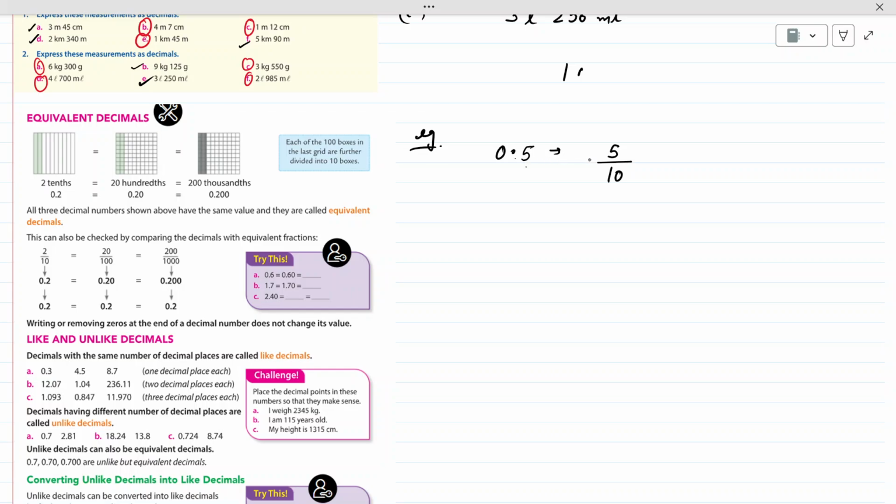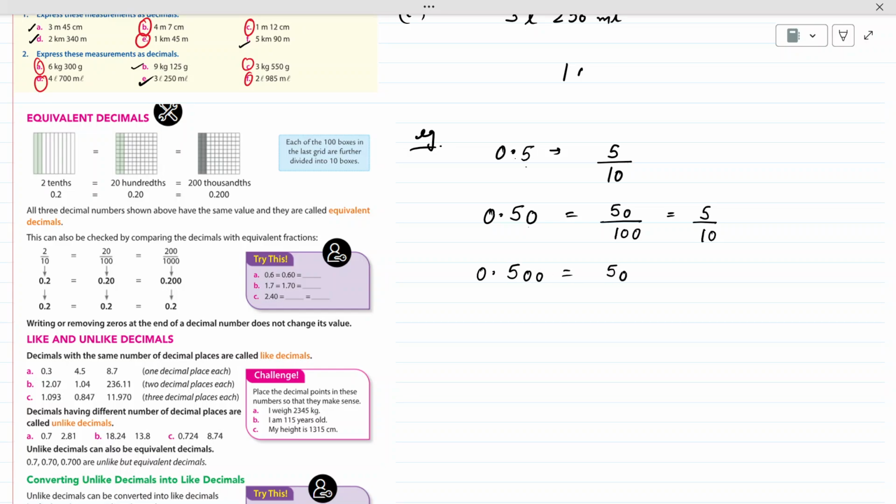Beyond this, there is no other number. So what I can do is add one 0 to it. Now when I add one 0 to it, this will become 50 by 100. And if I solve this, it will become 5 by 10. That is the same.